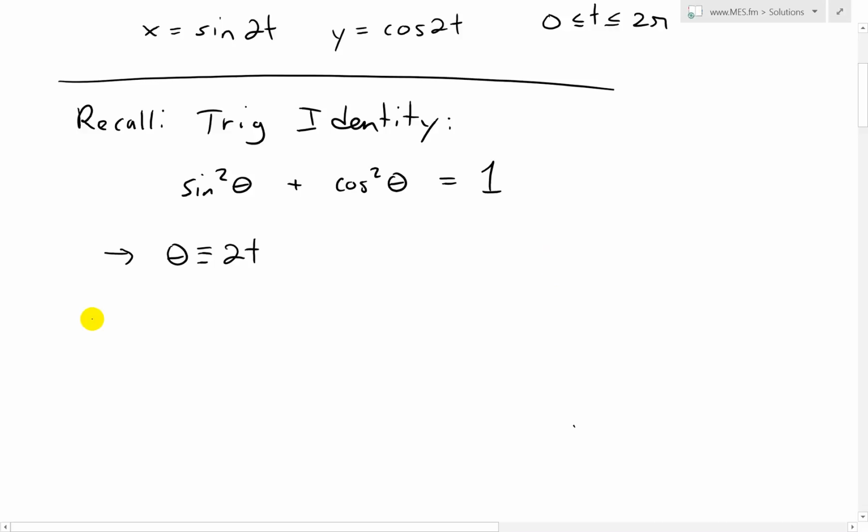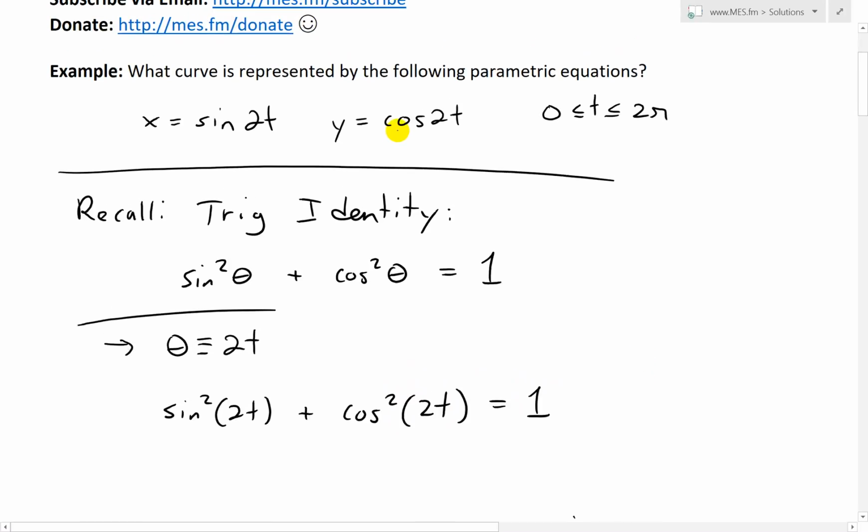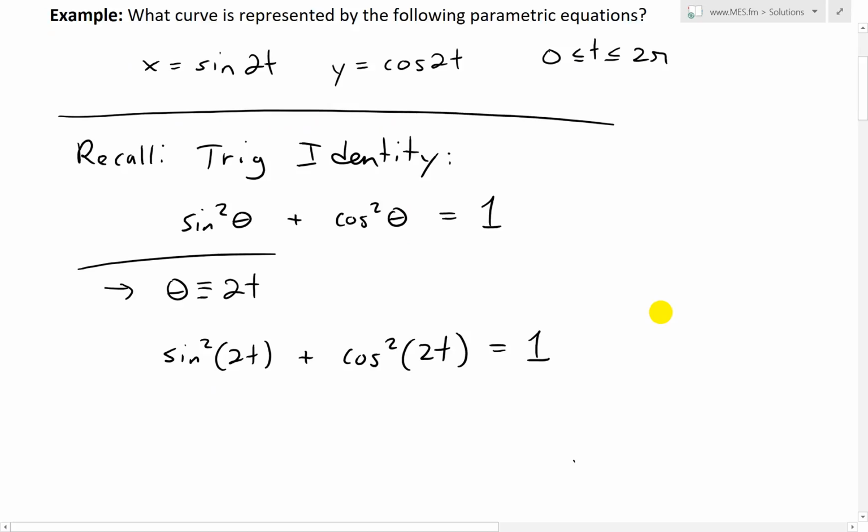So then for our case, we now get sine squared 2t plus cosine squared 2t equals 1. Now if you look over here, this is just y squared, and for this side, sine squared 2t is just x squared.